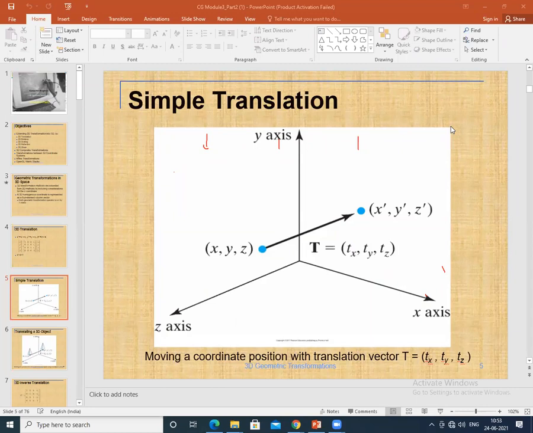This is represented as P dash equals T dot P, where P is a column vector and T is a 4x4 matrix. Hope you are able to understand. Let me go further.